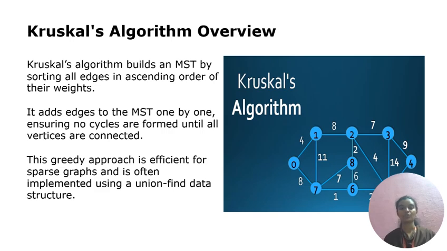Kruskal's algorithm is one of the important algorithms for the minimal spanning tree. We have to see that no cycle is formed among the edges that are connected to each other. Then that particular graph is said to be a minimal spanning tree, formed by using Kruskal's algorithm.